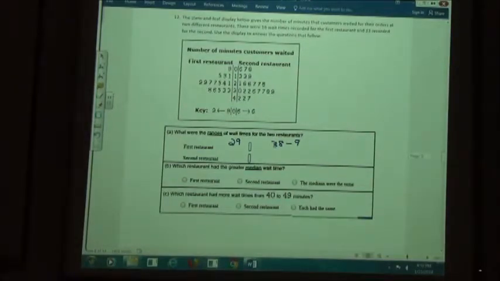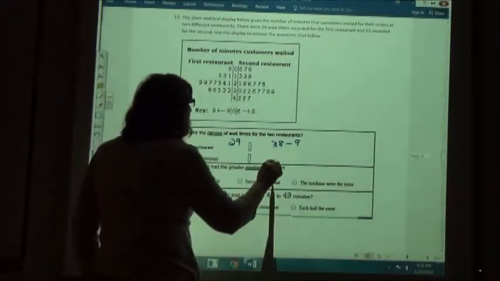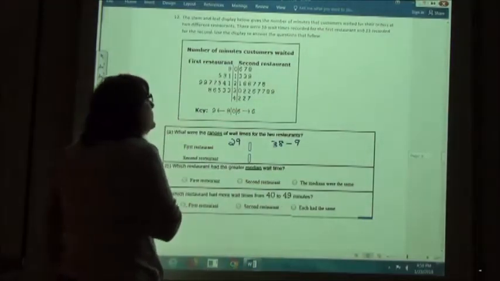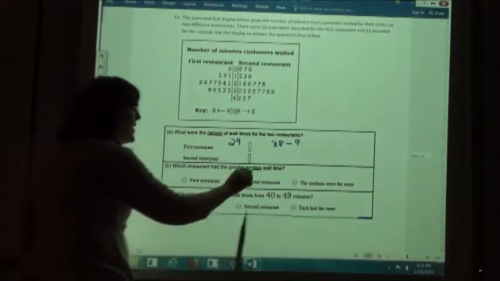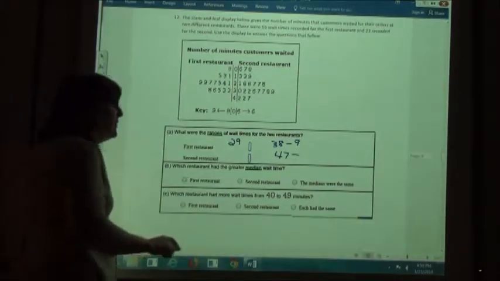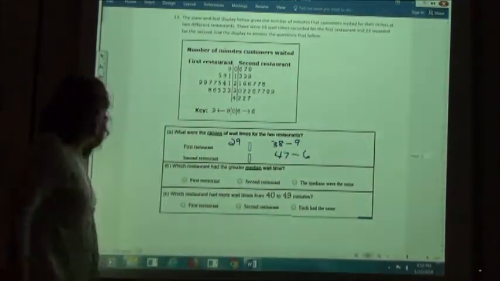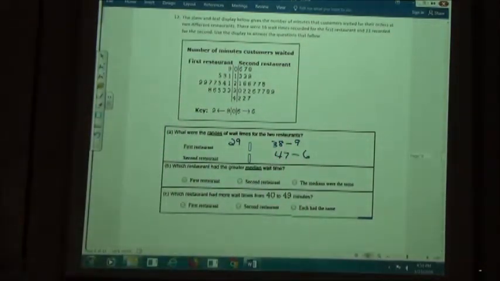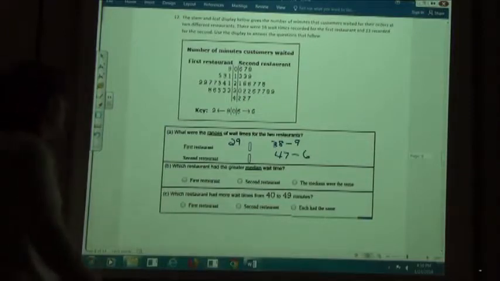Second restaurant, my highest wait time was 47. My lowest one is 6. So my range is 41.